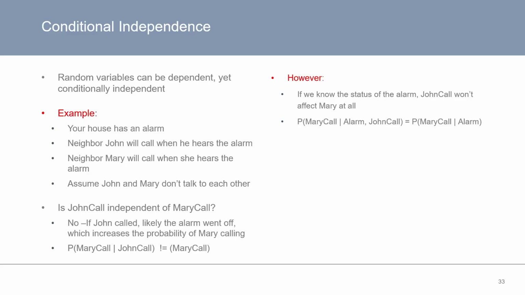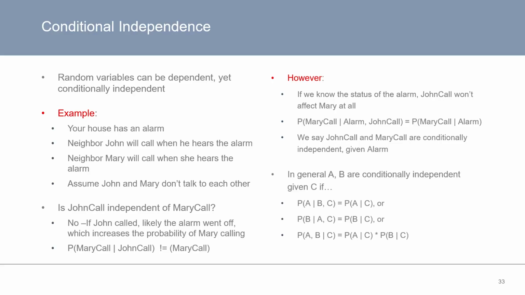So in this case, the probability of Mary calling, given that the alarm sounded and that John called, is the same as the probability of Mary calling just given that the alarm sounded. So in this example, we say that John calling and Mary calling are conditionally independent, given that the alarm went off.